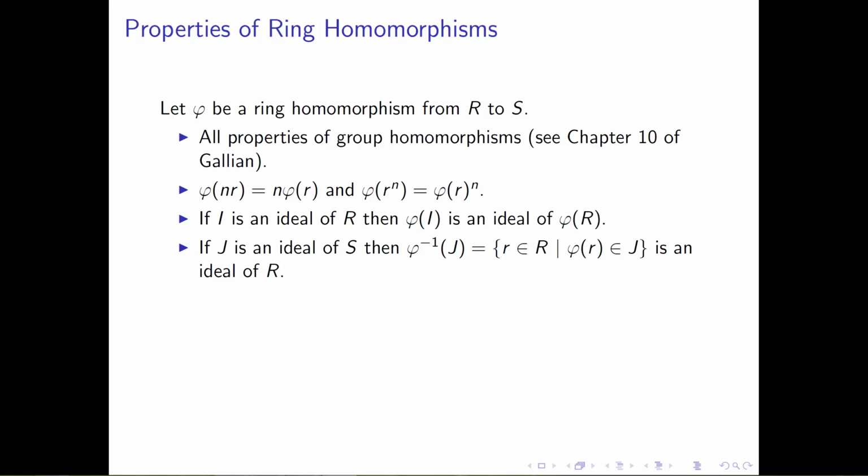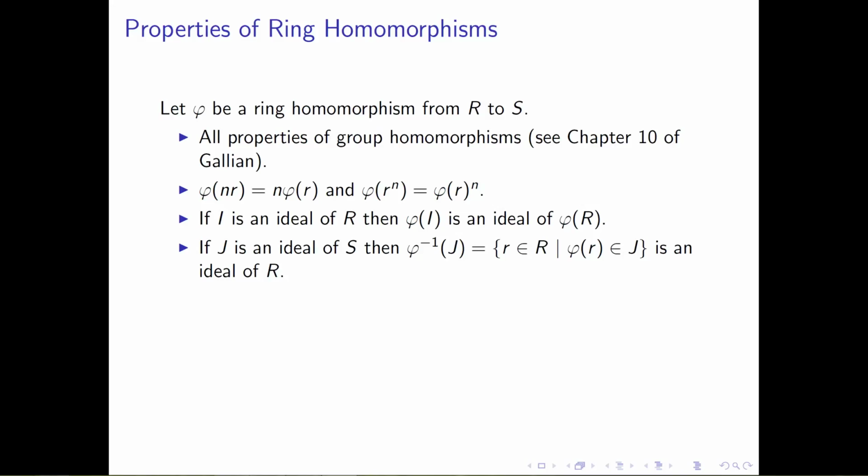The next property that I want to cover about ring homomorphisms is almost a converse to the previous property. Let's suppose that I start in the ring S, and I'm looking at J, and this happens to be an ideal of S. What I could do is look at what's called the pre-image of the ideal J. This is equal to the set of ring elements in R that map somewhere inside of J. So it doesn't need to be surjective.